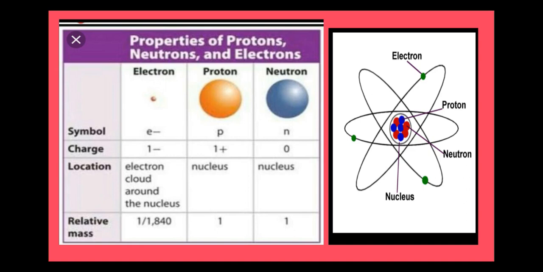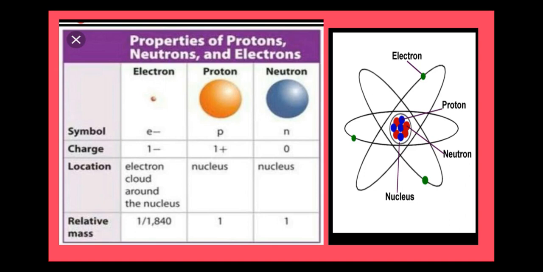Hydrogen itself is the lightest element, and the mass of the electron is lighter than that, so the mass of electrons is considered negligible. Protons and neutrons have a mass nearly equal to that of the hydrogen atom, so they have a mass of 1 u, that is 1 atomic mass unit.